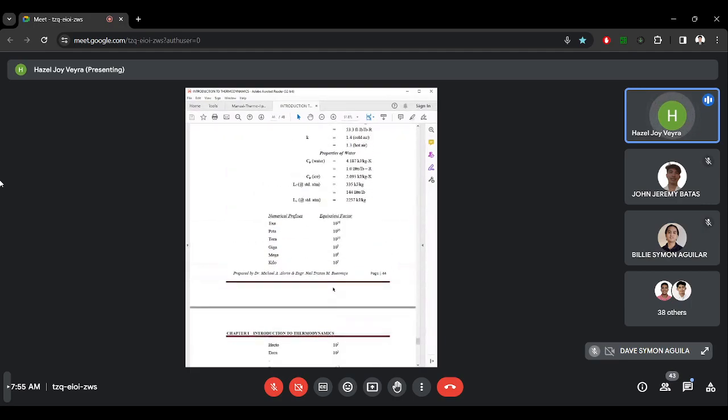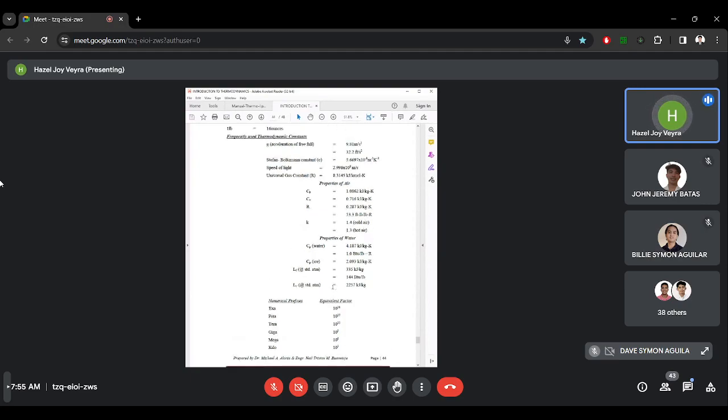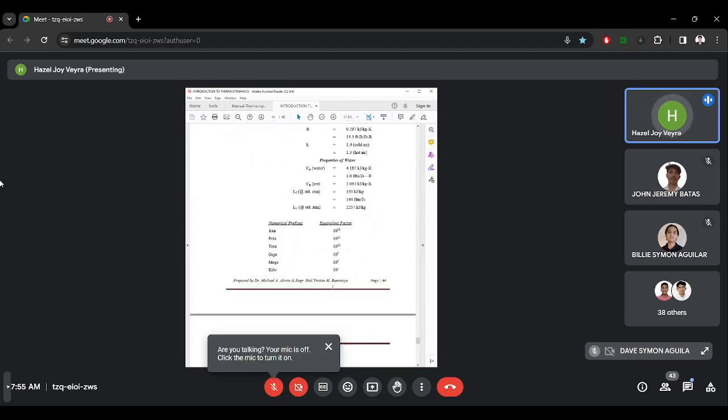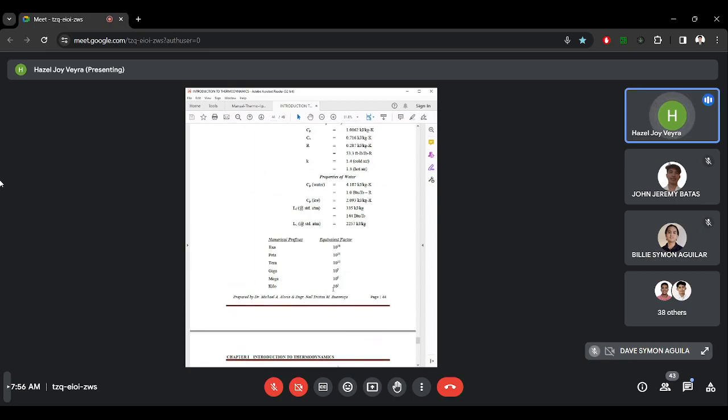And of course, since pupunta na tayo sa energy or we are going to start solving energy related problems, please take note also of the constants and conversions na meron kay energy. Examples, yung mga BTU to foot pound, etc. Calories, specific heat, you should know that.